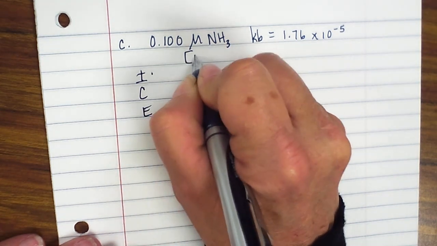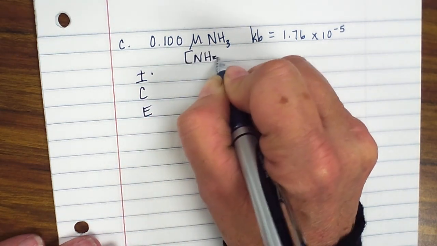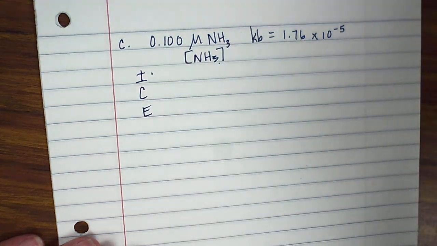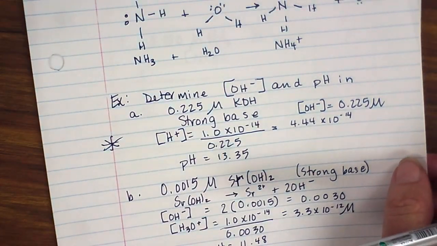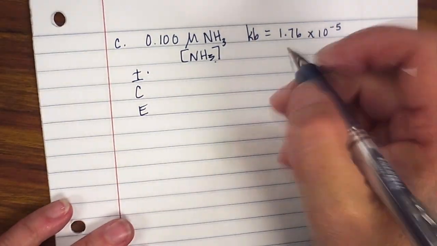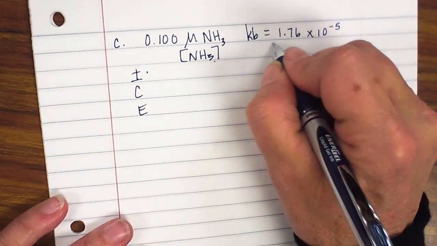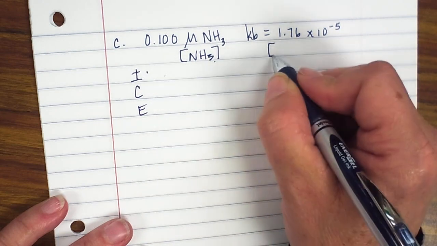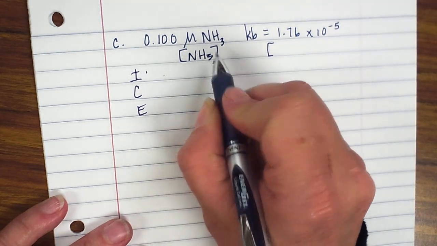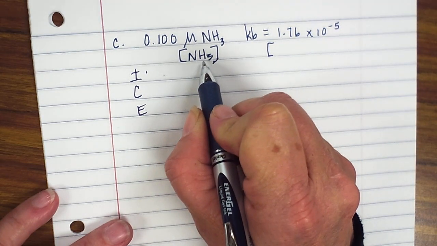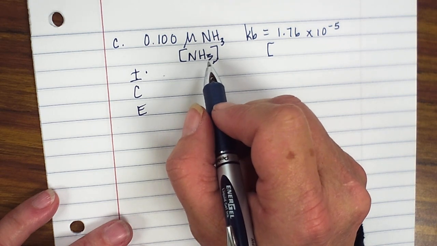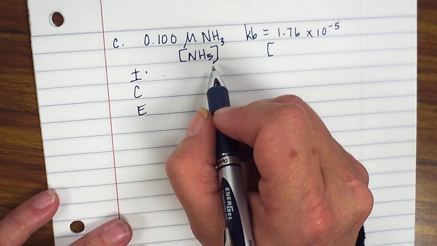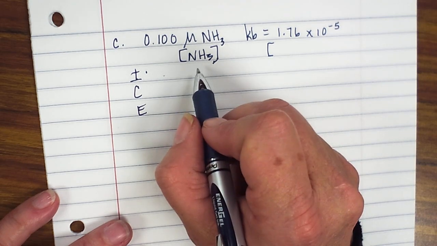Right, so we set it up, NH3. And remember, we're trying to find the hydroxide and the pH, okay? And then when this goes over, the NH3 is going to take on the H plus. That's what happens in bases. They get mixed with water, and they take on a proton. This is a proton acceptor.